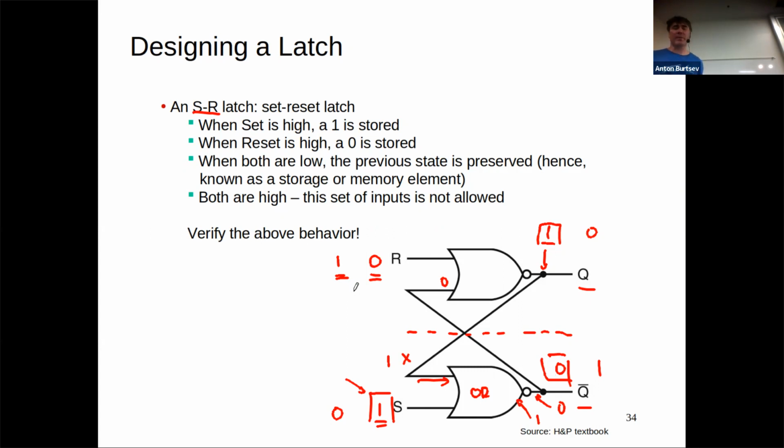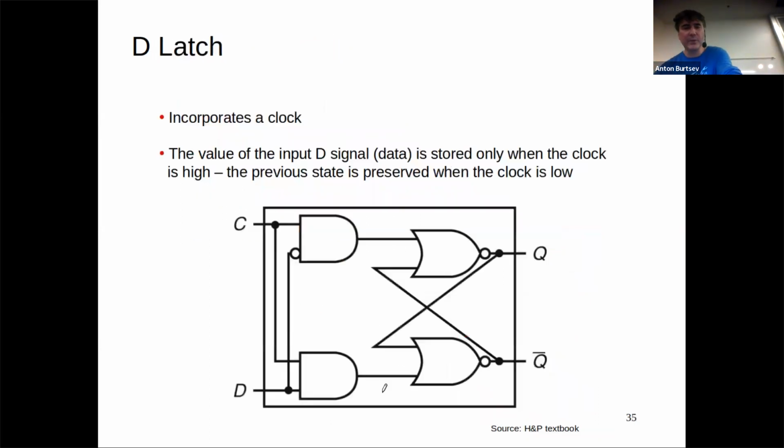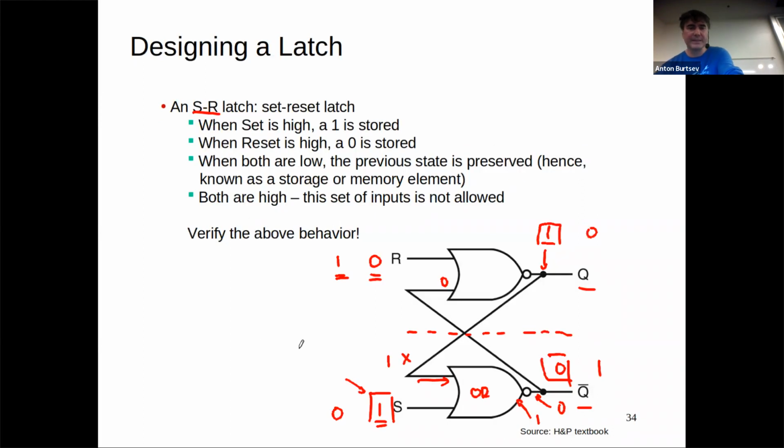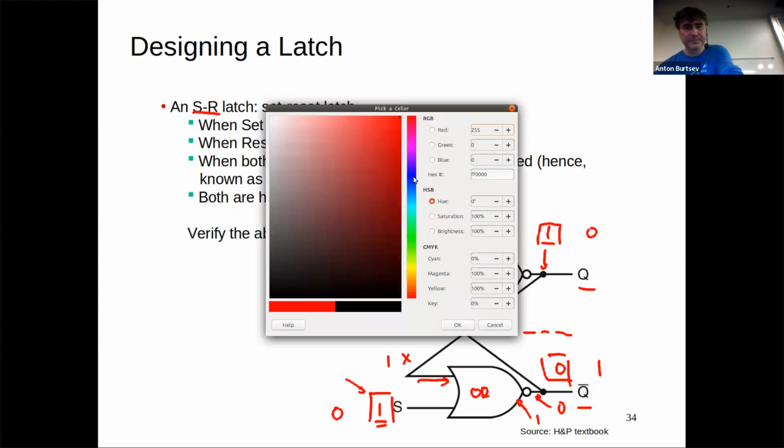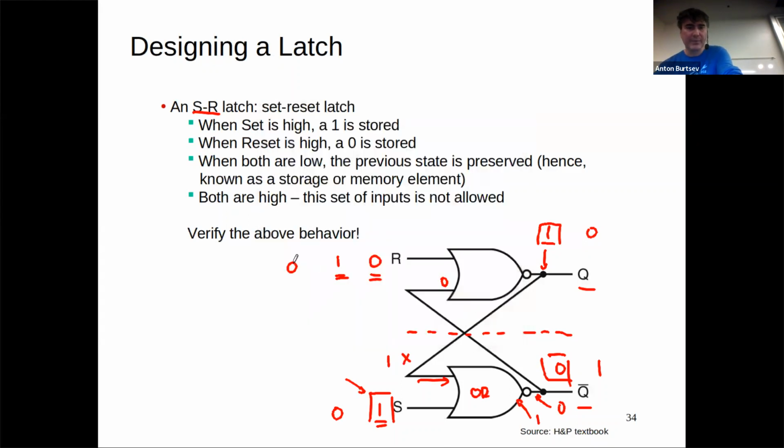Now let's see whether this circuit remembers something. Imagine the following input. Imagine we have the input 0 and 1, sorry, and we're changing this back to 0. So right now the inputs will be 0 and 0, and imagine right before that the signal was 0 and 1, and Q was 1 here.